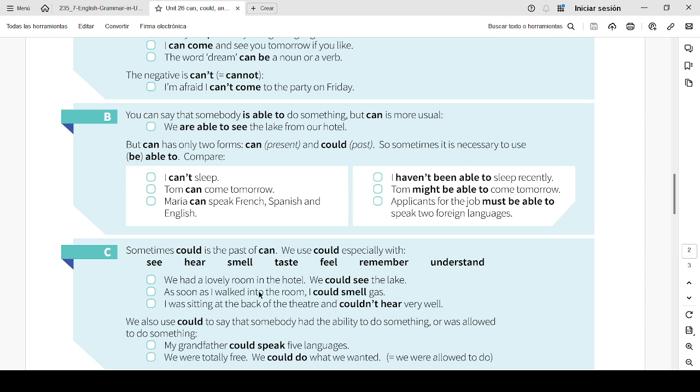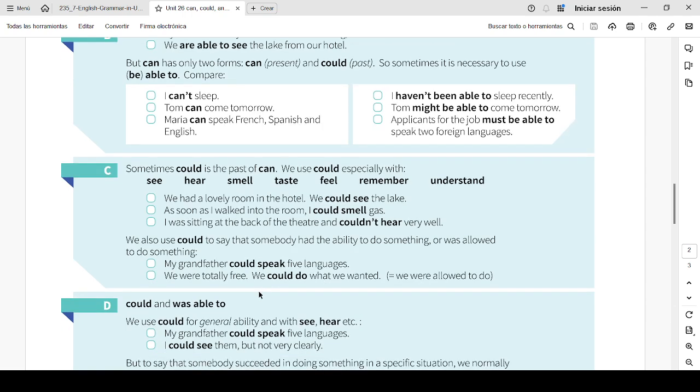We also use could to say that somebody had the ability to do something or was allowed to do something. For example, my grandfather could speak 5 languages. We were totally free. We could do what we wanted. We were allowed to do it.